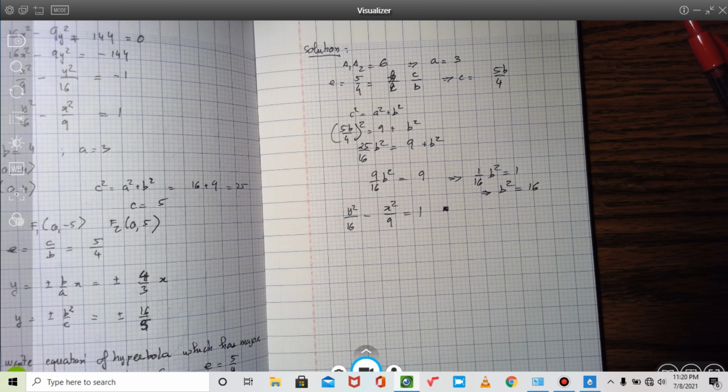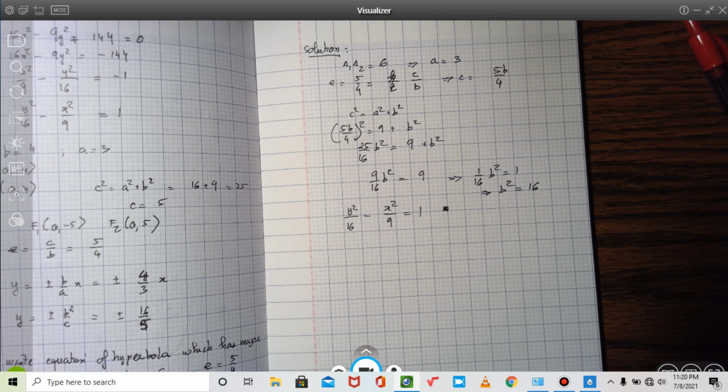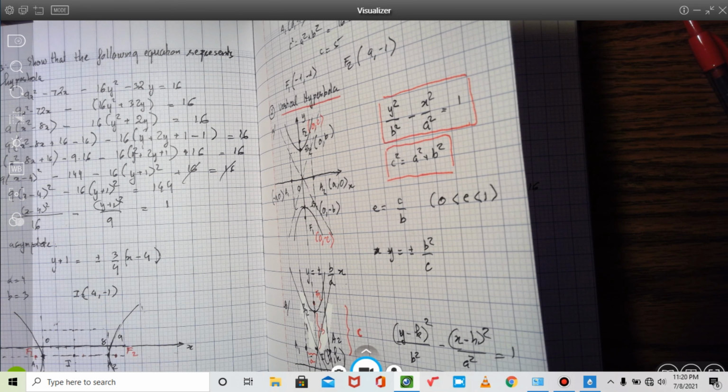So that is the way you write the equation of a hyperbola. For a hyperbola whose center is not at the origin, you could do the same. I'm not going to give you another example, because I just figured out everything is the same.